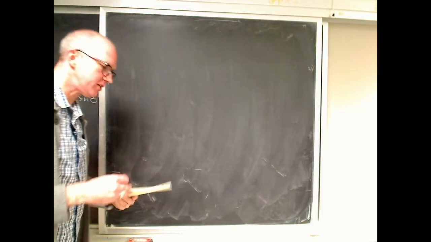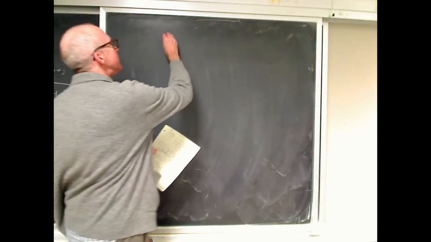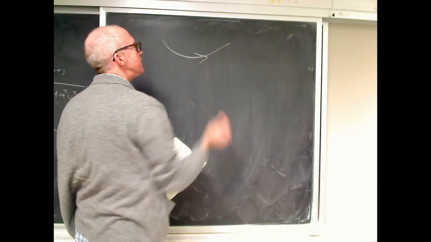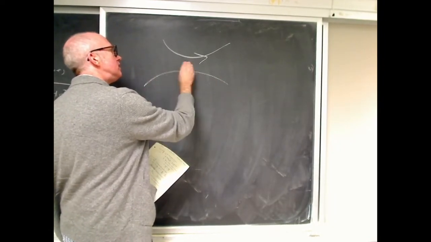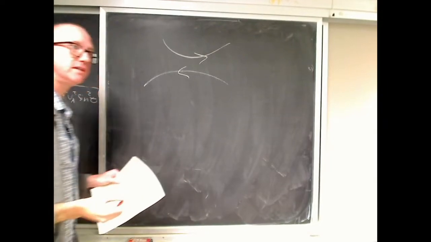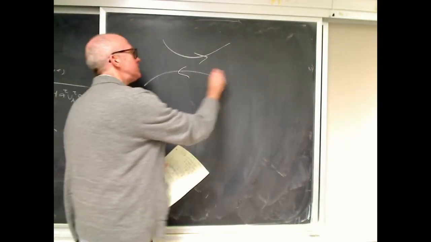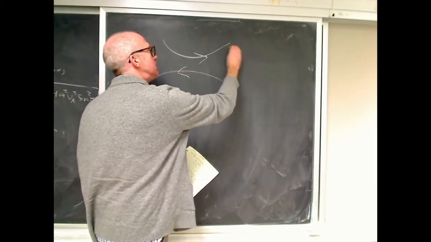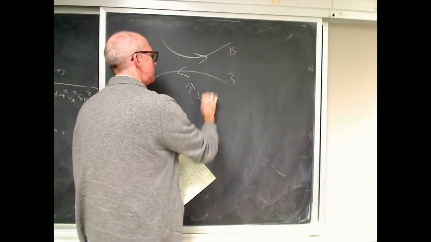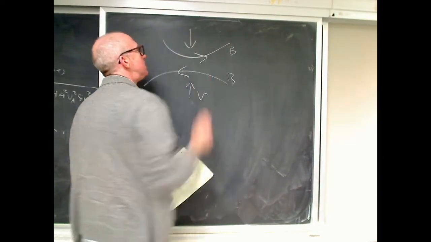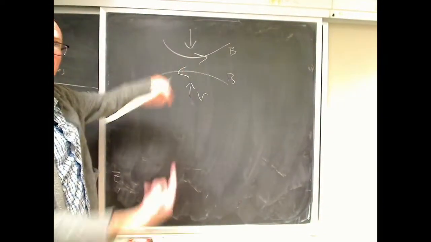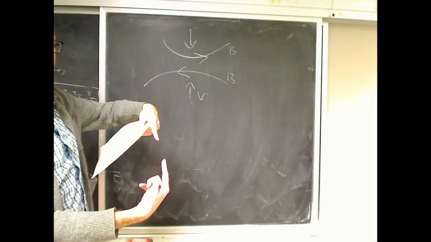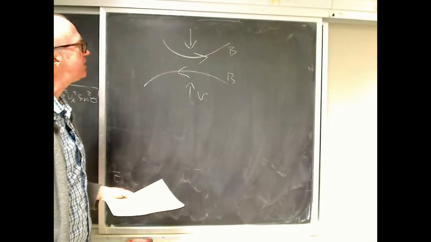So this process is called reconnection, where I have a magnetic field that is going in this direction, and I have another magnetic field that's going in the opposite direction. So this is B, here's B. And here's a flow that's pushing these two oppositely directed magnetic fields close to each other.